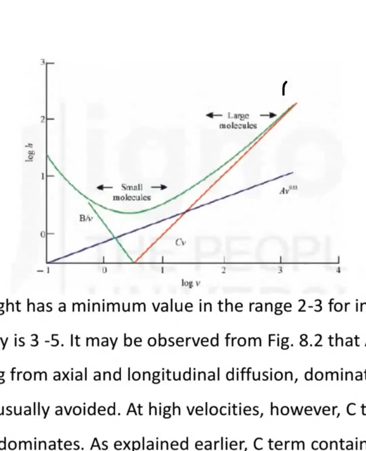This is the chromatogram, a logarithm plot of reduced plate height against reduced velocity. If the plate height of the column is reduced, the velocity is also reduced here, so the retention factor will also be increased.